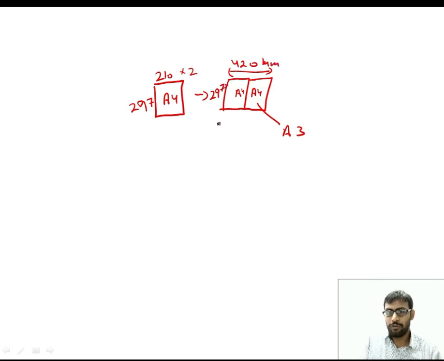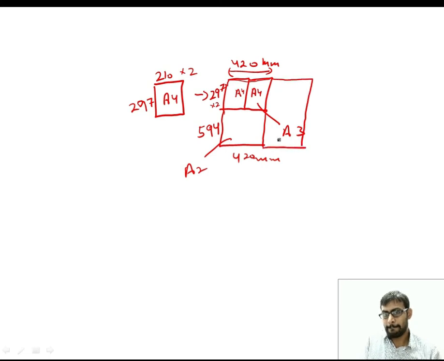Now if I go for A2, I plot this like so, and the whole sheet becomes A2. Now the dimension will be 297 into 2, which is 594, and 420 already. All dimensions are in mm. So this becomes a complete A2 sheet. If I plot this again, the width doubles, so the whole width becomes 840, and we already measured the other side as 594 mm.